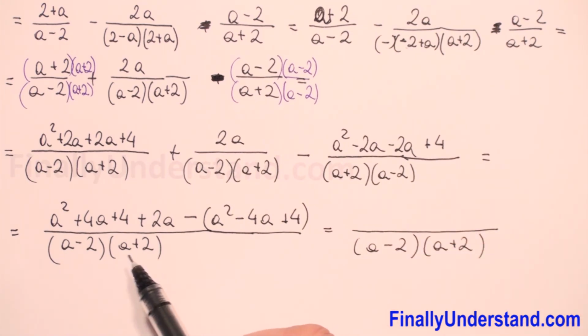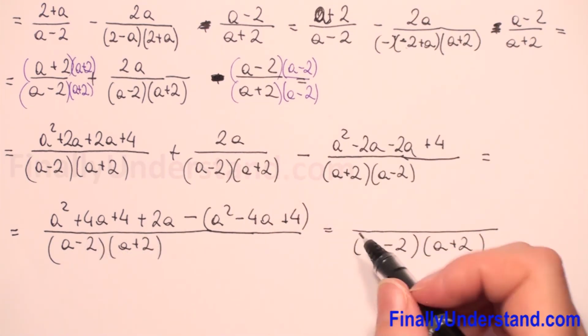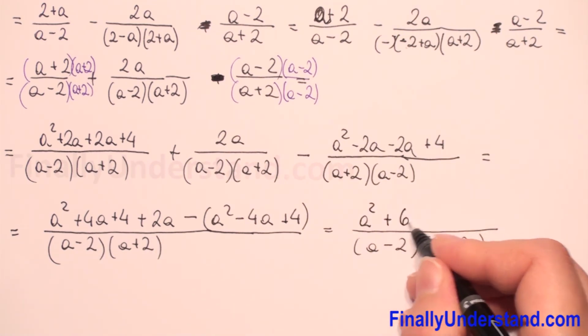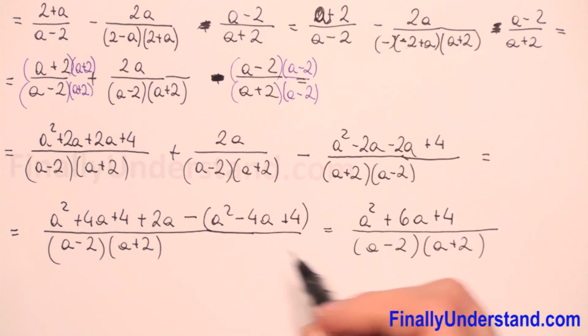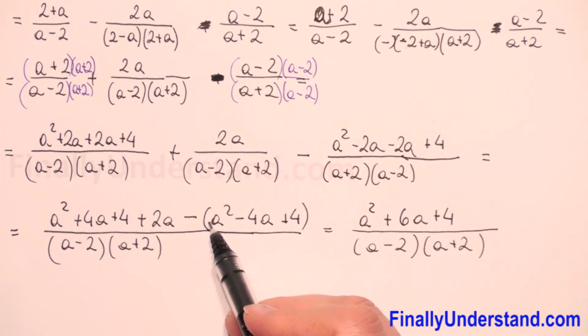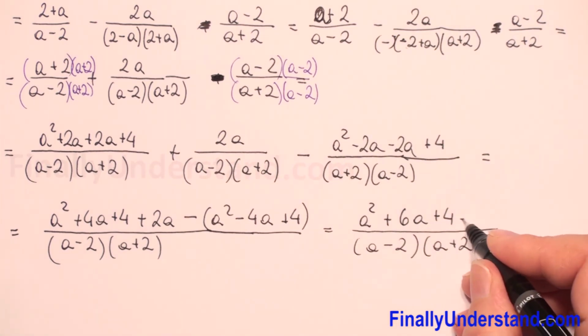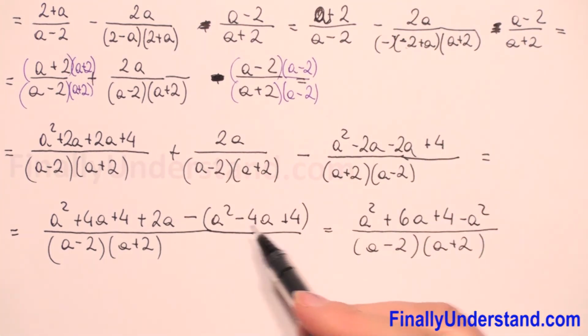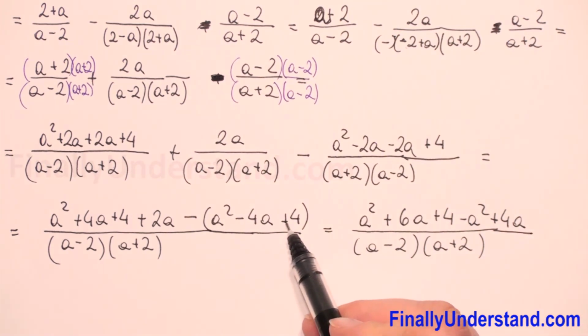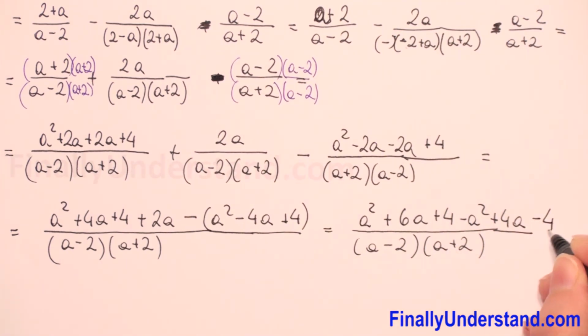and now we can combine the like terms, so it will be a squared, 4a and 2a, so it will be plus 6a plus 4, and now when we take down this parenthesis we have to change the signs, so this is positive, so now it will be negative a squared, negative, so it will be positive 4a, and positive, so it will be negative 4.